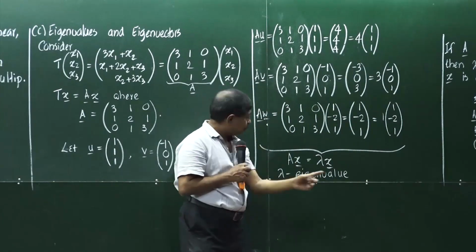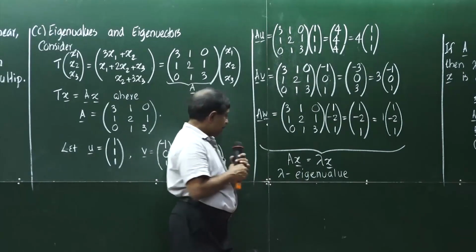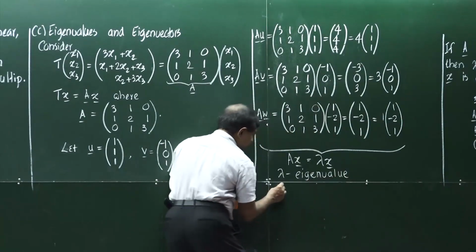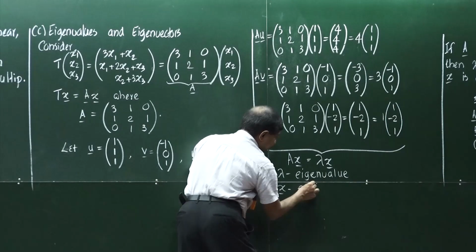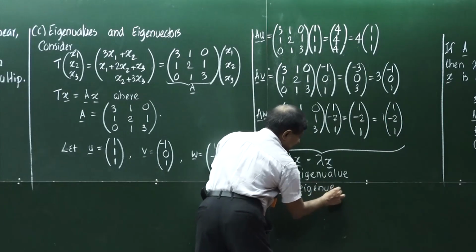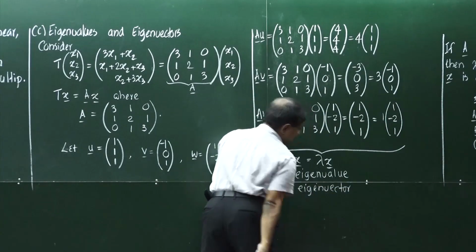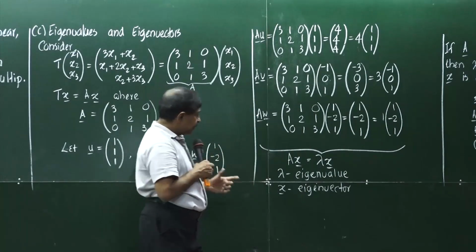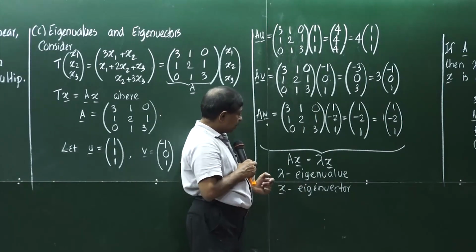Those scalar values are called eigenvalues. What is x? They are called the eigenvector or the characteristic vector. This is a German word for characteristics. So x is an eigenvector.